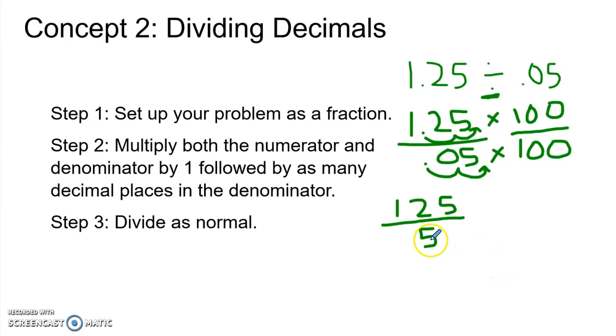Alright, now you're going to do your division, and that can be on a calculator, or you can do it on paper or in your head if you're able to. So I know that in 100 there's going to be 25s. 5 times 20 is 100. And then I know that 5 times 5 is going to be 25.